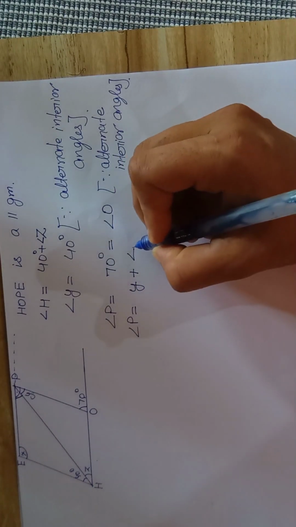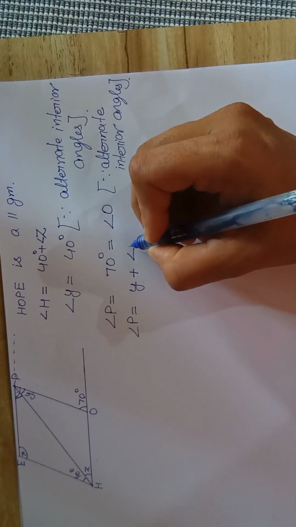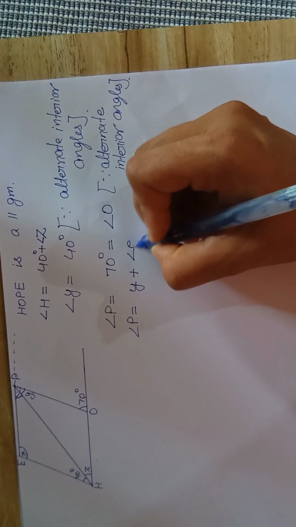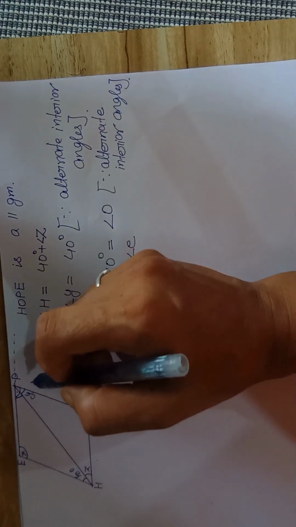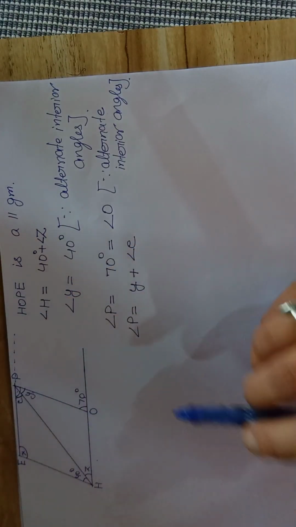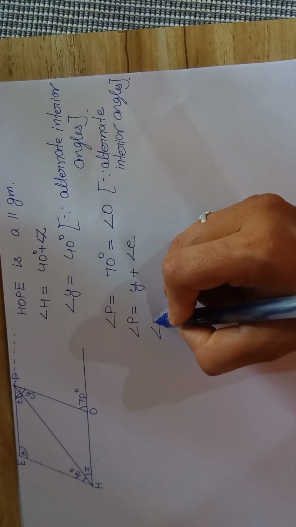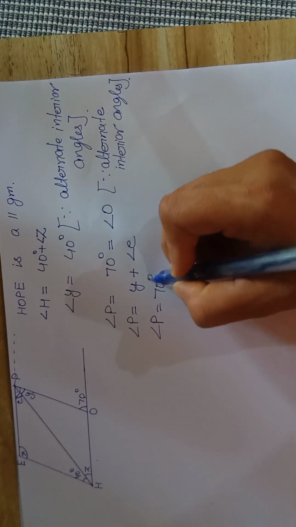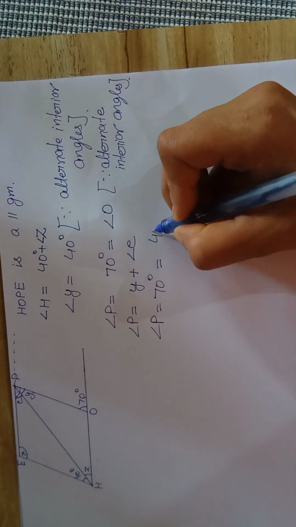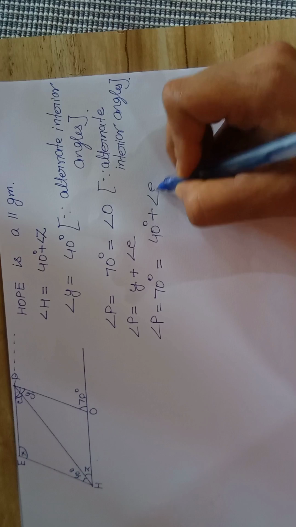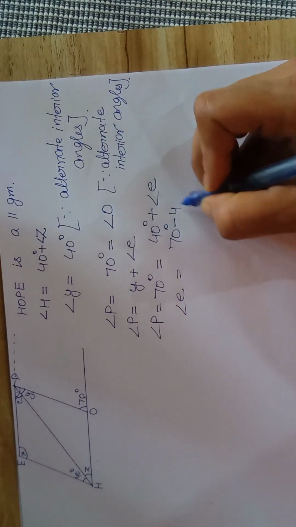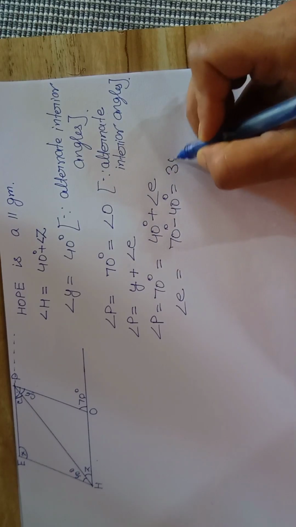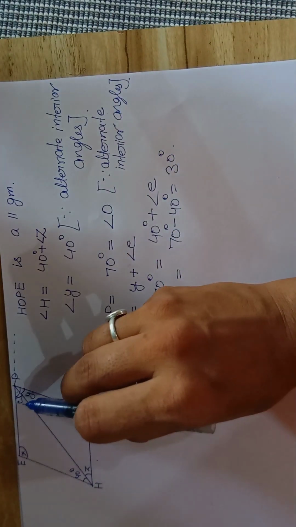Suppose consider this as angle E. So angle P is the combination of Y plus E. So angle P which is 70 degree is equal to angle Y which is 40 degree plus angle E. So angle E is equal to 70 degree minus 40 degree. This is 30 degree. So this angle is 30 degree.